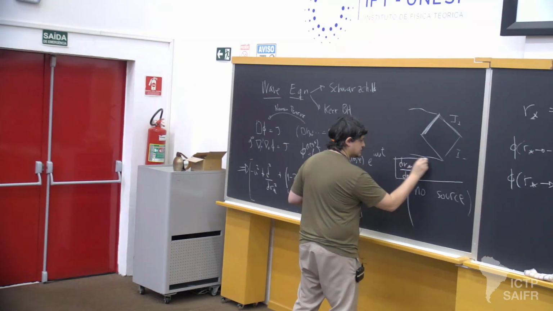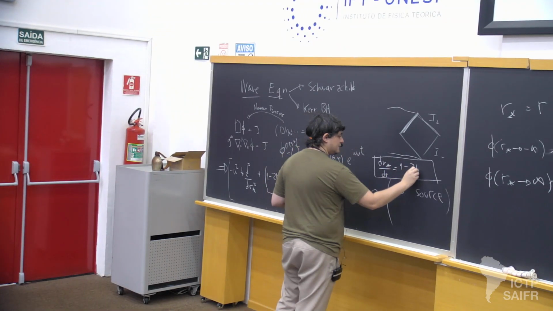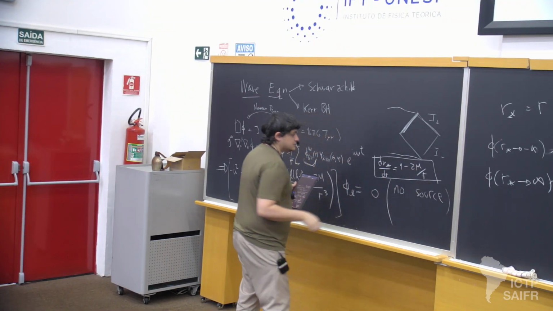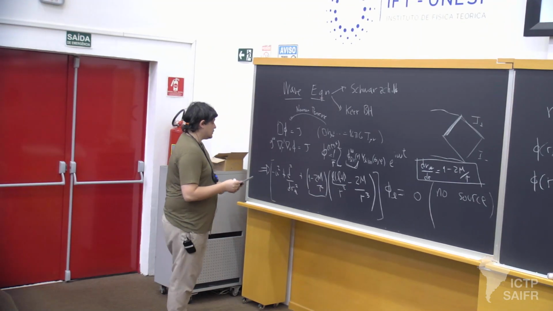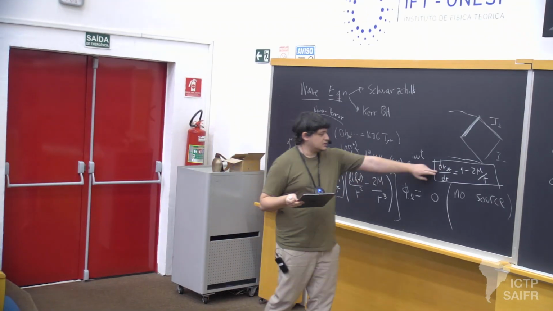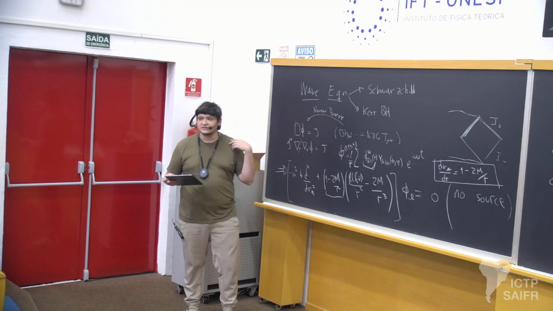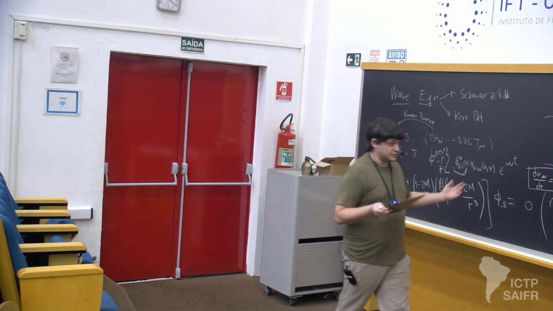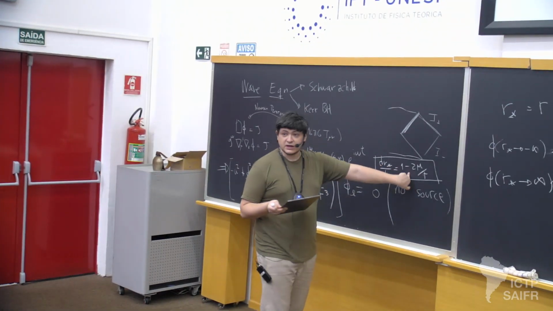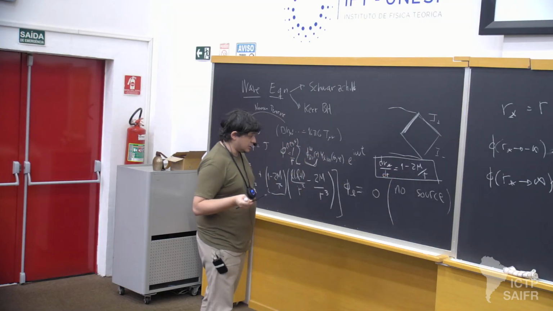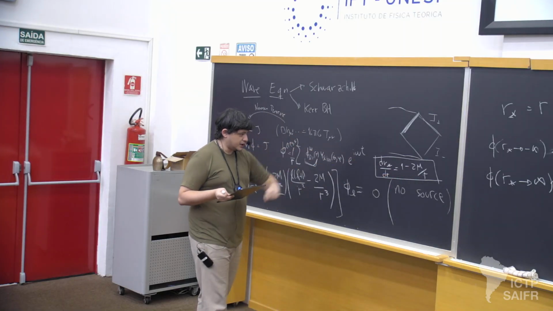Let me just write this quickly. What this tells you is that there is r star downstairs. So this equation has a singular point at the horizon because it becomes divergent, r star.